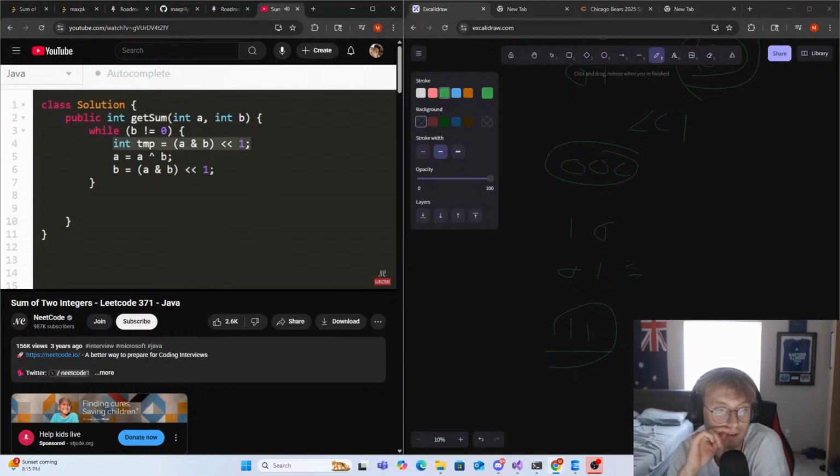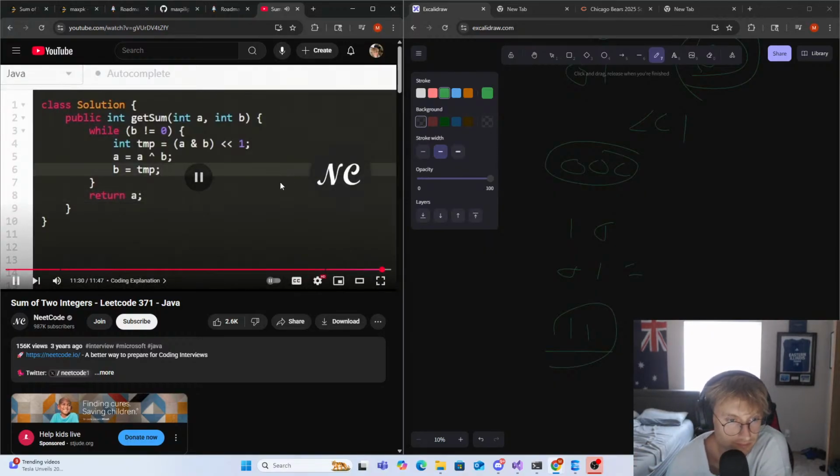Then I'm going to assign B equal to that temporary value to make sure that we use the original value of A, not the new value of A. Once we're done with that, eventually B will equal 0. B is the carry. And then we can return the result, which is stored in A. Okay, now let's run it to make sure.